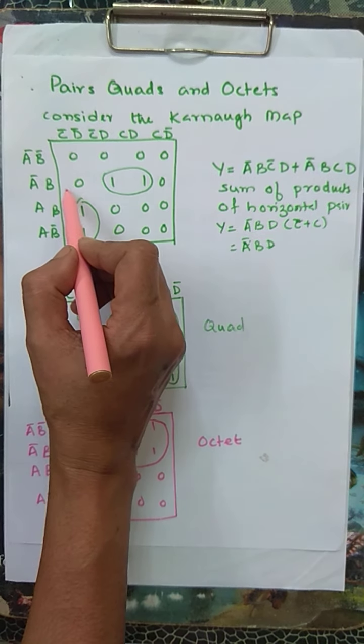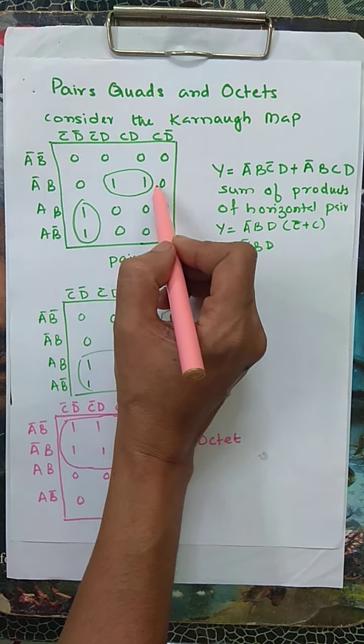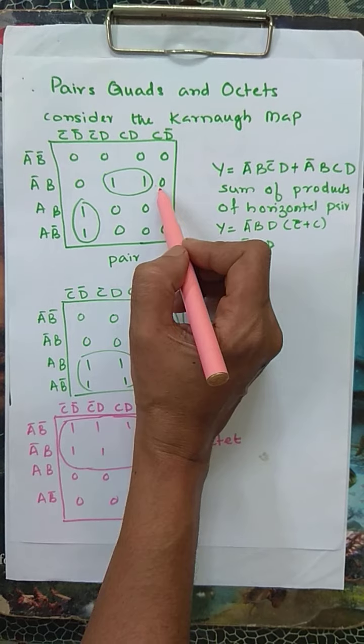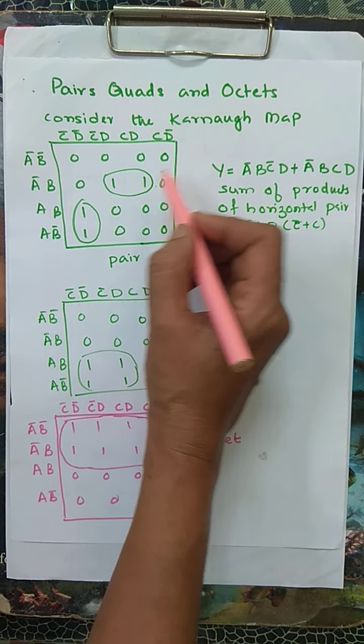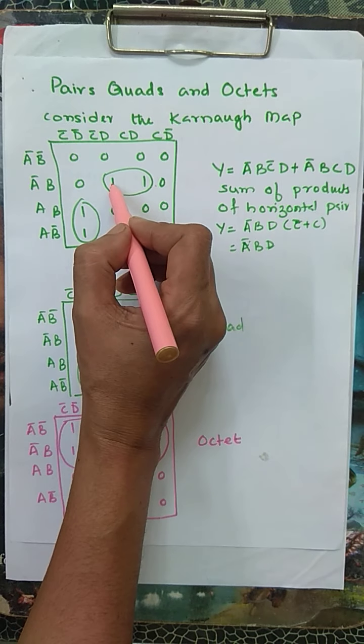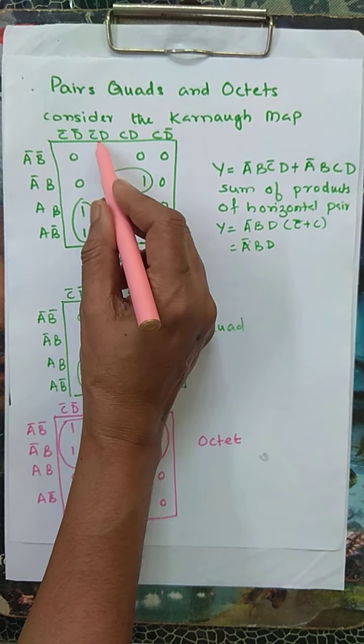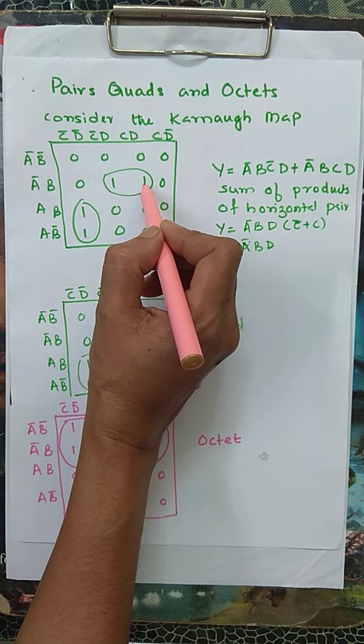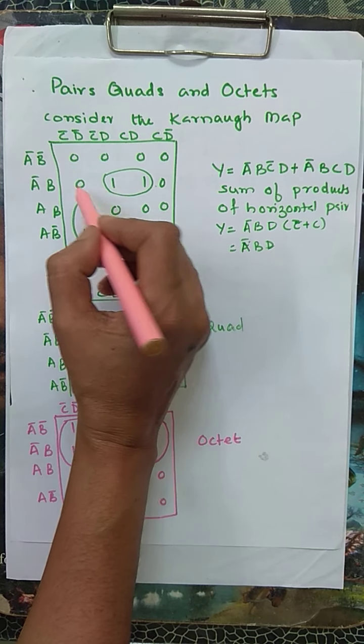If you look at this case, horizontal case alone, the output will be Y equal to A complement B, C complement D plus A complement B, C, D. Is it not?